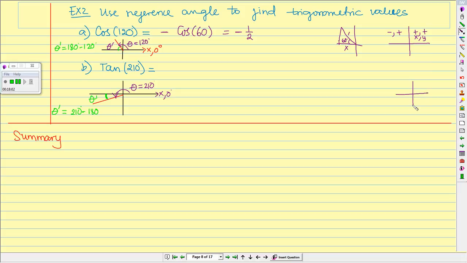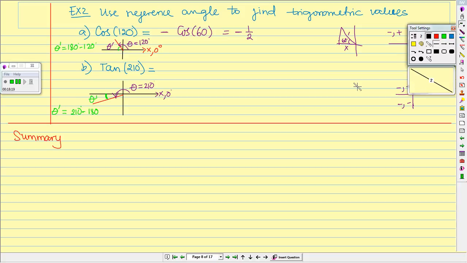So now think about if we are in quadrant number 3. Quadrant 1, quadrant 2, quadrant 3: my x is negative and my y is also negative.